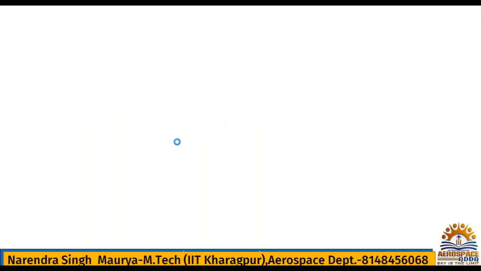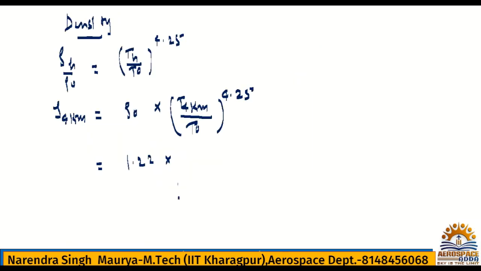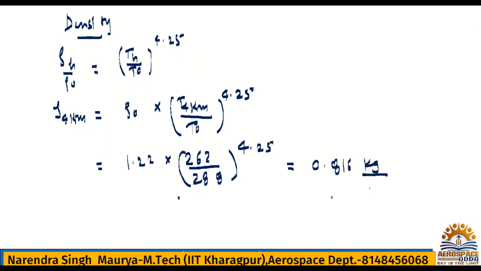What is the 4 kilometer temperature? You have just calculated it: 262 divided by 288. If you calculate 262 divided by 288 to the whole power 4.25, you get 0.816. So this is the density.